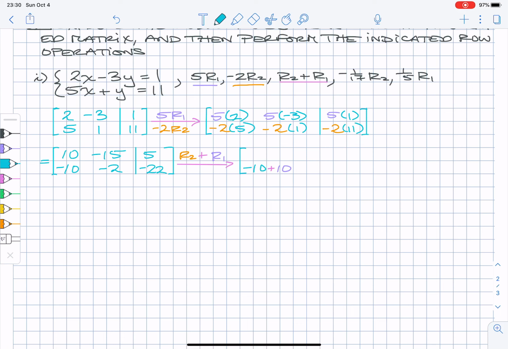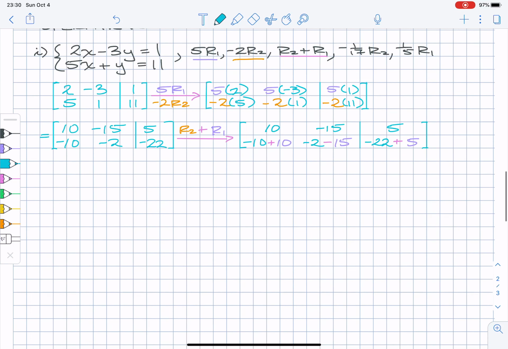Row 2, which is negative 2, we're going to add row 1, which is minus 15, because we're adding a negative, which is subtraction. We don't want to put plus minus. We are, after all, in pre-calculus. Now we have negative 2 plus row 1, which is 5. So row 1 is just going to remain the same, 10, negative 15, and 5. Okay, so what does that give us?